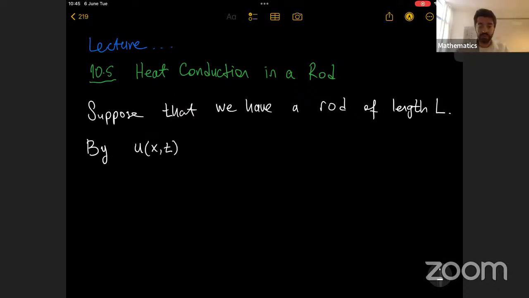Now we do partial differential equations, okay? So we have two variables, and we will write an equation involving partial derivatives. Let's start with the function first.